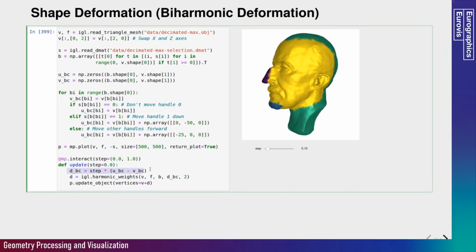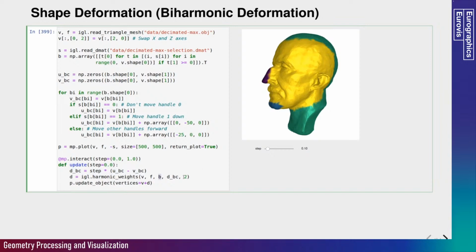So we take our goal positions of the violet and blue vertices as well as the green vertices, but they stay at their original position, and then we take the original position of the vertices and we scale this by our step size. These are the boundary conditions then that we put into the harmonic weights function here, and the boundary indices are given by the selection here as well.